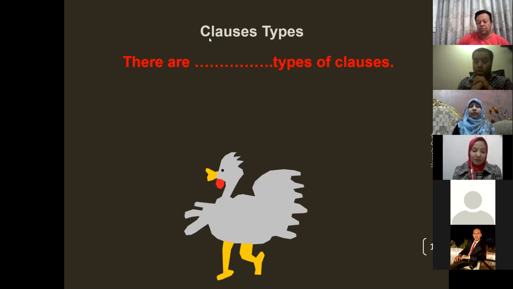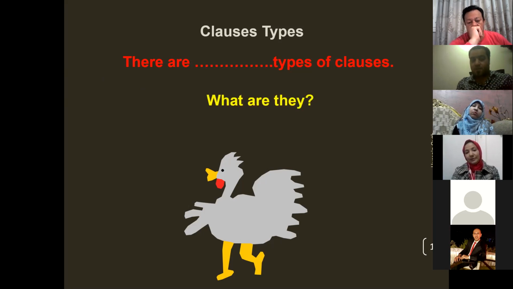So how many types of clauses do we have? I guess two types. Okay, can you tell me what they are?